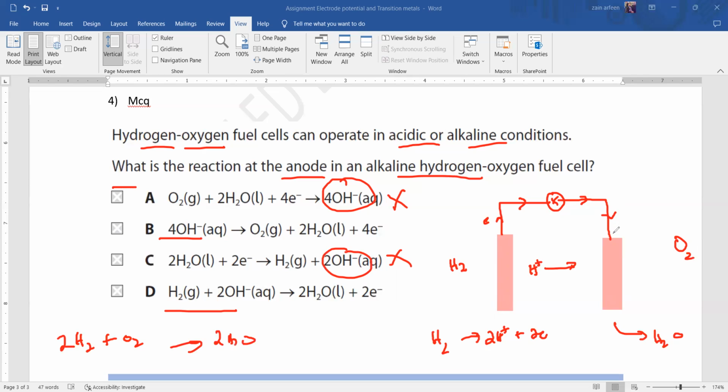That's always the case. In terms of movement of electrons, this is the negative terminal and this is the positive terminal. But what happens in terms of loss or gain of electrons? At the cathode, oxygen is there.